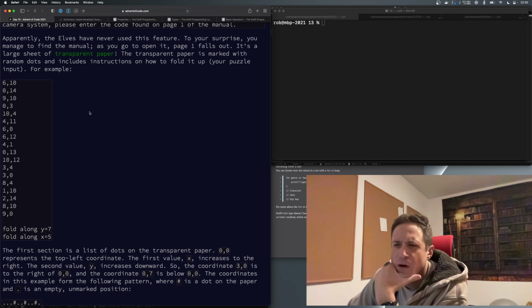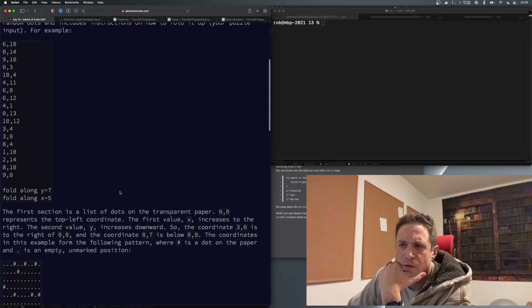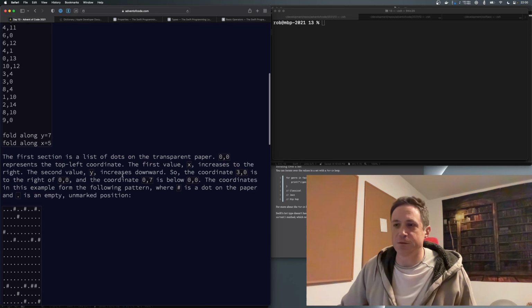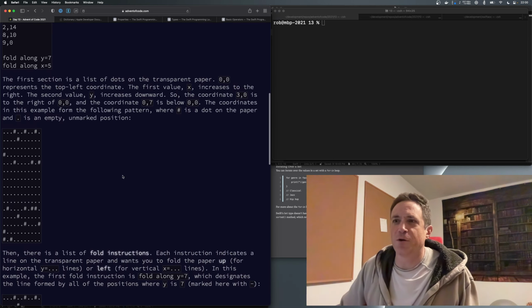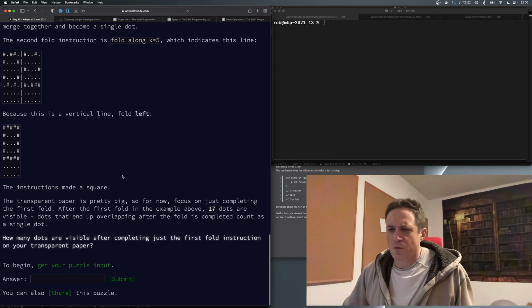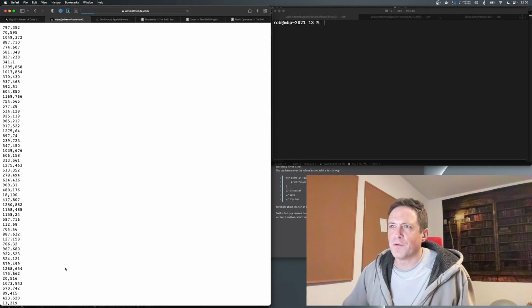Fold it up. Okay, we have two different kinds of input, so parsing is going to be very mildly annoying. Okay, what does our puzzle input look like?